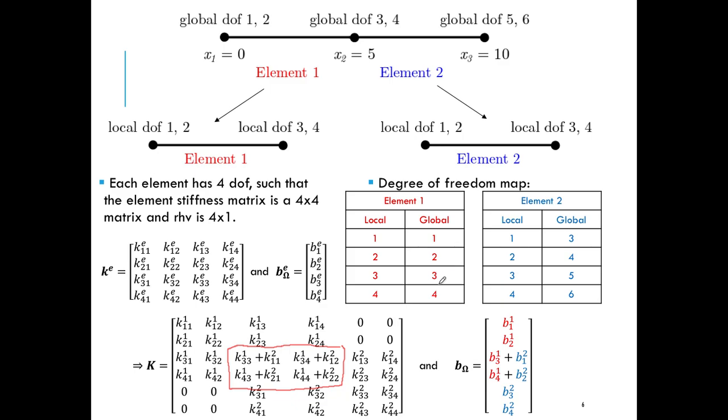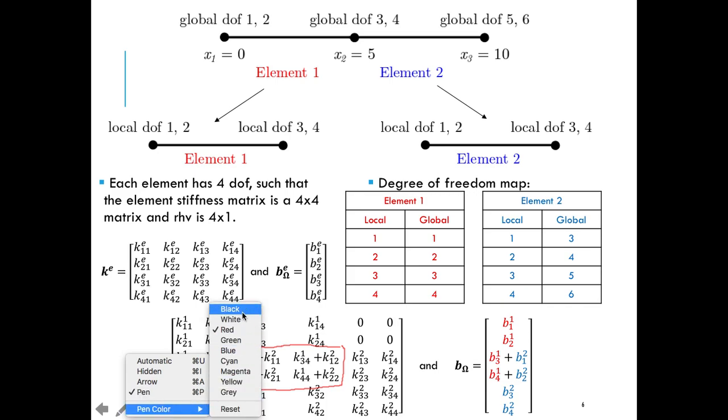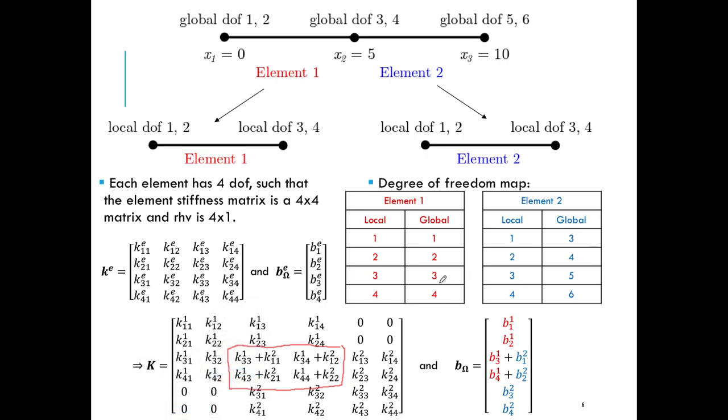If I look at my global one, 3 3 से एक तो मेरे पास आ रहा है, probably change my color. Okay, 3 3 के ऊपर I have 3 3 from element 1. 4 4 के ऊपर I have 4 4 from element 1.